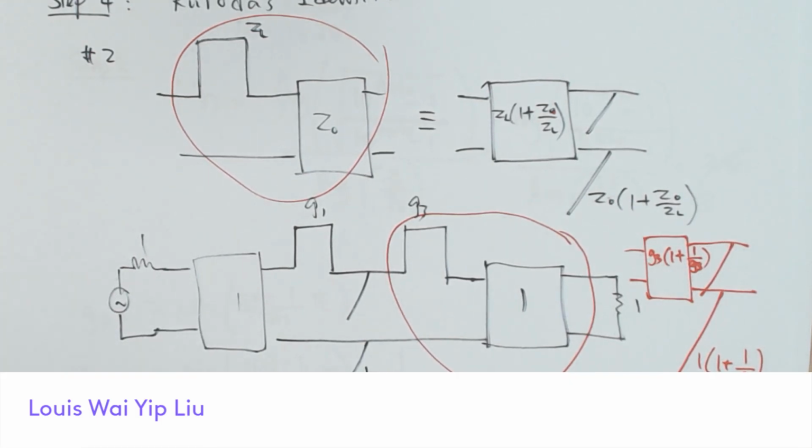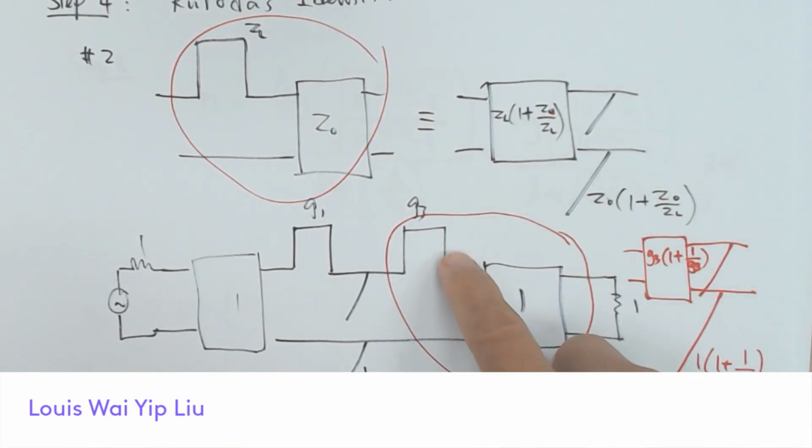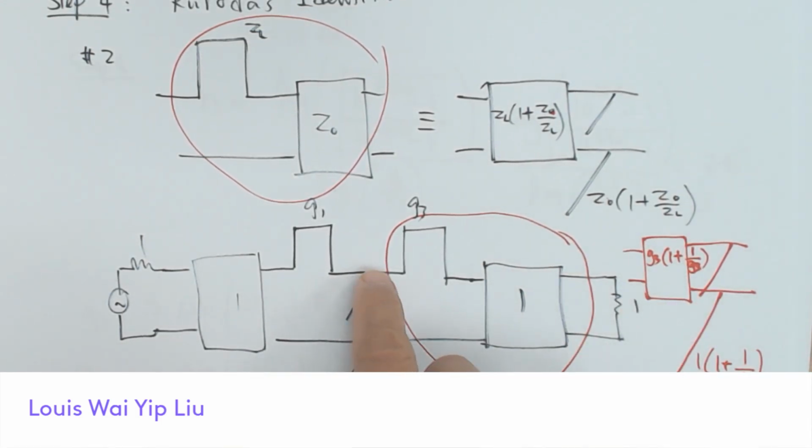And if we do it carefully, you will notice that after transformation, we got this, and for the capacitance, for the open circuit stub in the middle of the circuit, we don't need to do anything.